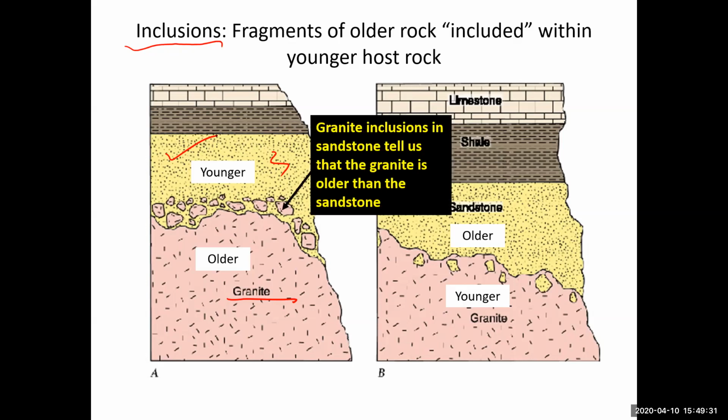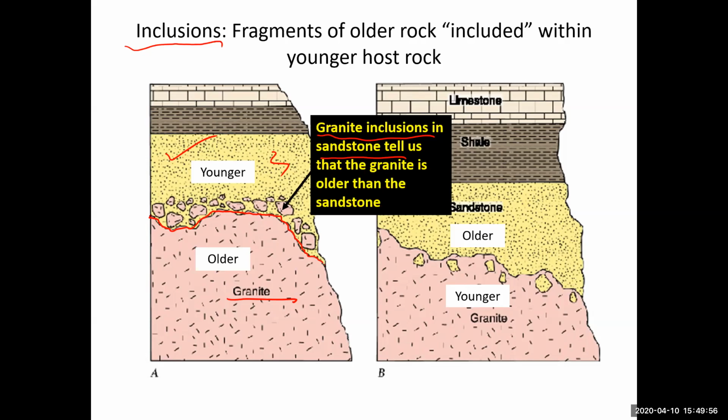Well, you'd know it because here we have granite inclusions in a sandstone host. So that tells us that the granite was here first, and this is actually an ancient erosion surface right here. And that granitic terrain eroded for perhaps millions of years.